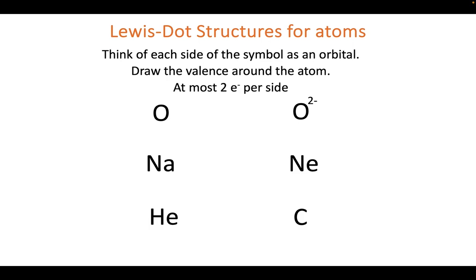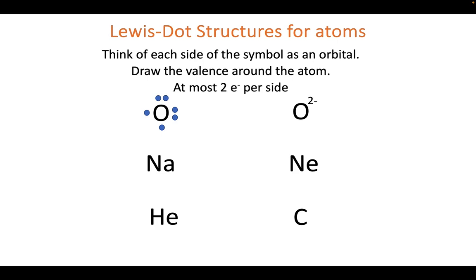You're going to put one on each side until each of the 4 sides has one, and then you'll start doubling them up. And all you have to do is determine how many electrons each one has. And if you look at oxygen, it's in that 6th group there, and it has 6 valence electrons. So you're just going to put them around the outside, 1, 2, 3, 4, 5, 6.